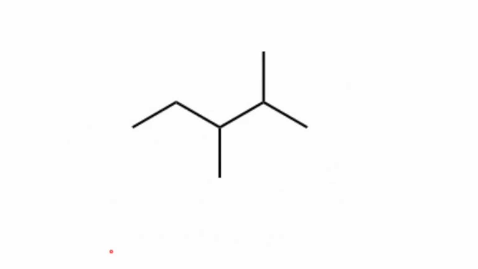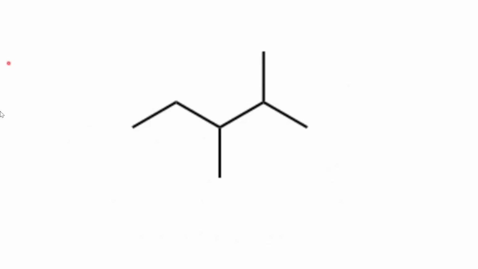If you have different branches, you will number them and you will need to alphabetize them. If the branches are identical, count how many branches of the same group and use the prefix di, tri, tetra, depending on the number of identical branches.